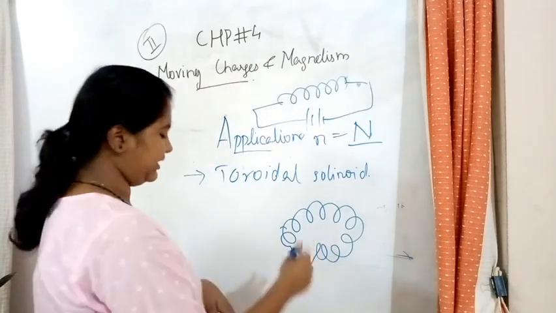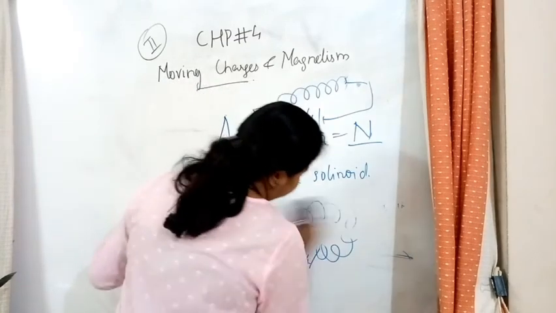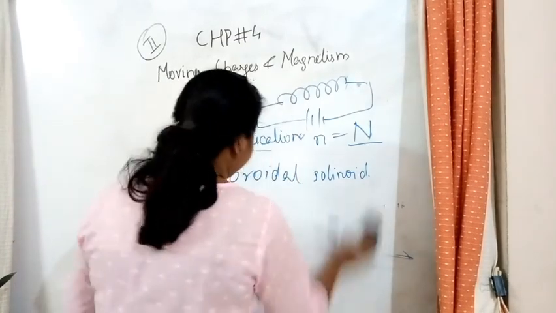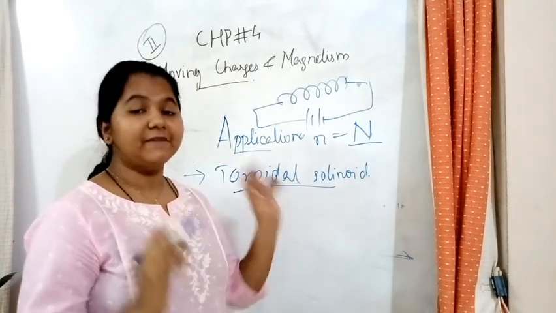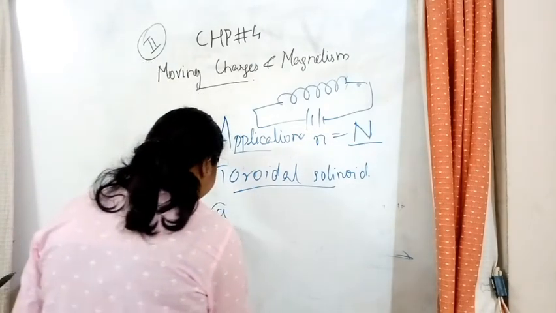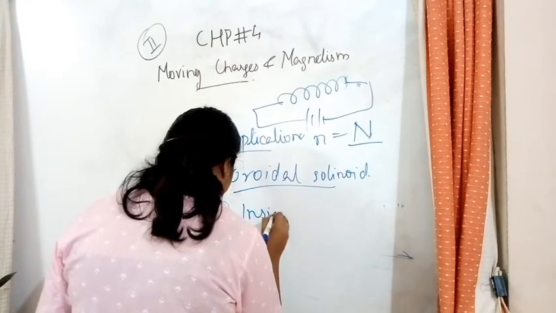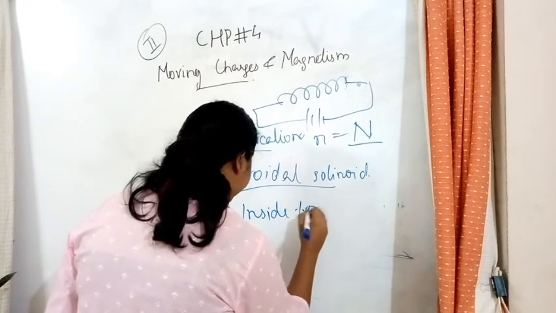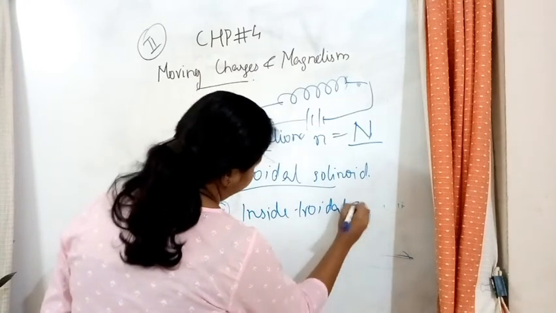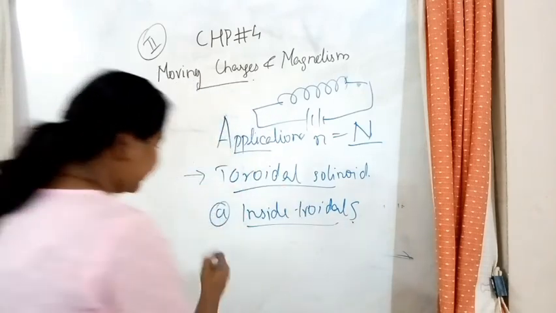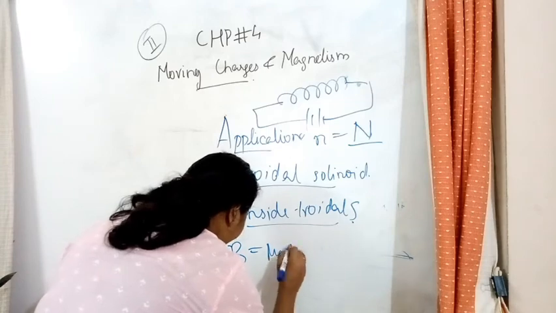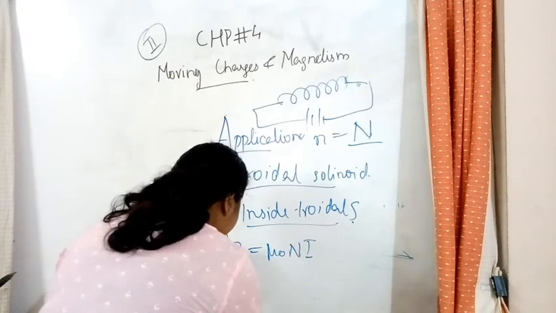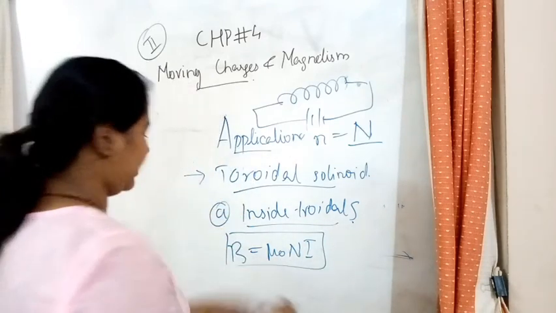So let's write the equation for this. This is the magnetic field itself. Here also we have two cases. First one is inside the toroidal solenoid. The equation is B is equal to mu 0 n I. That is all. This is the first one.